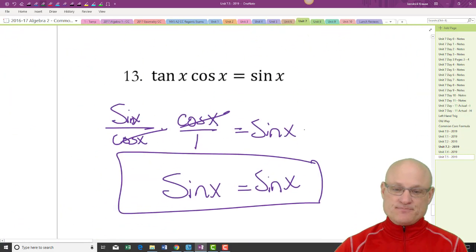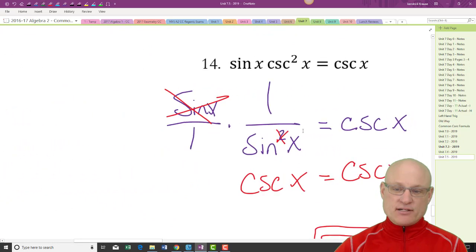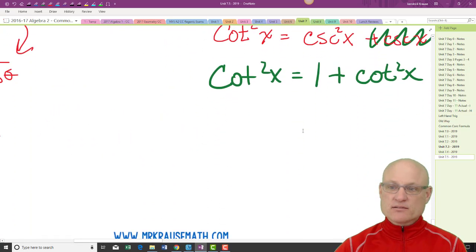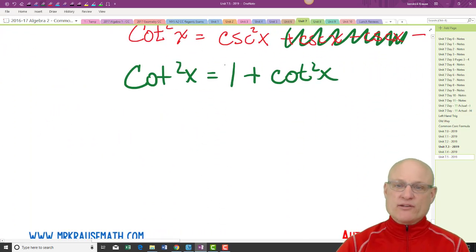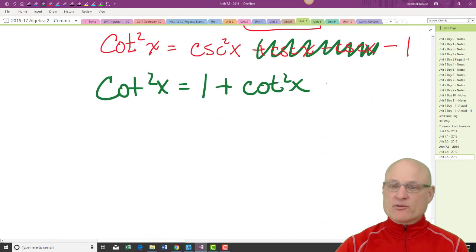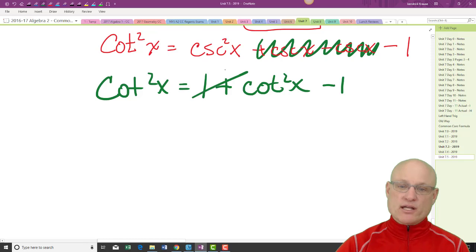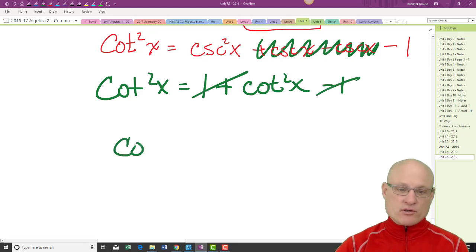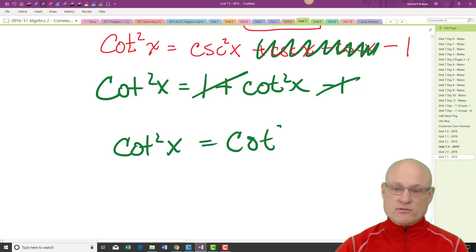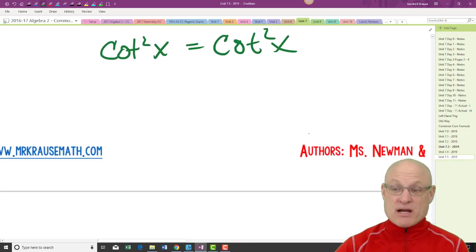Got to learn it. Got to have it memorized. Well, wait a second. Then we've got minus 1. Now the 1's cancel, and I'm left with cotangent squared x equals cotangent squared x. Not bad, huh?